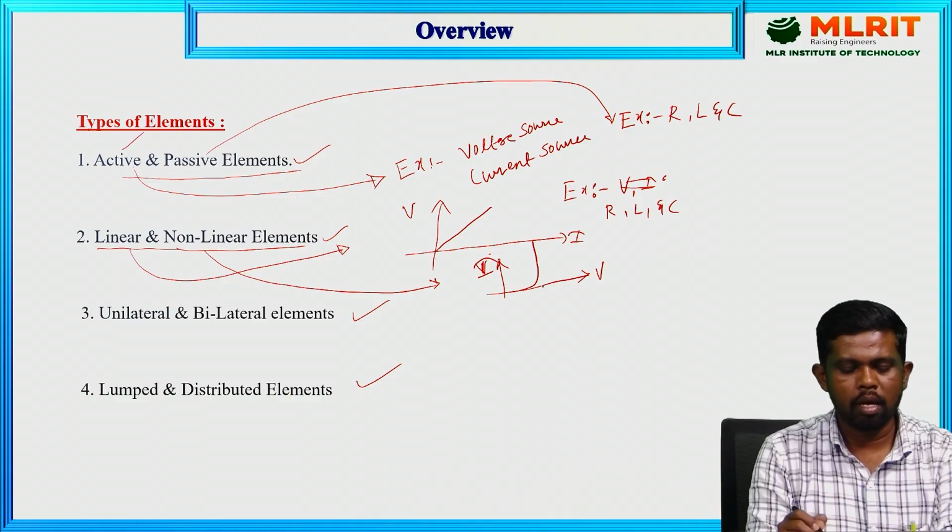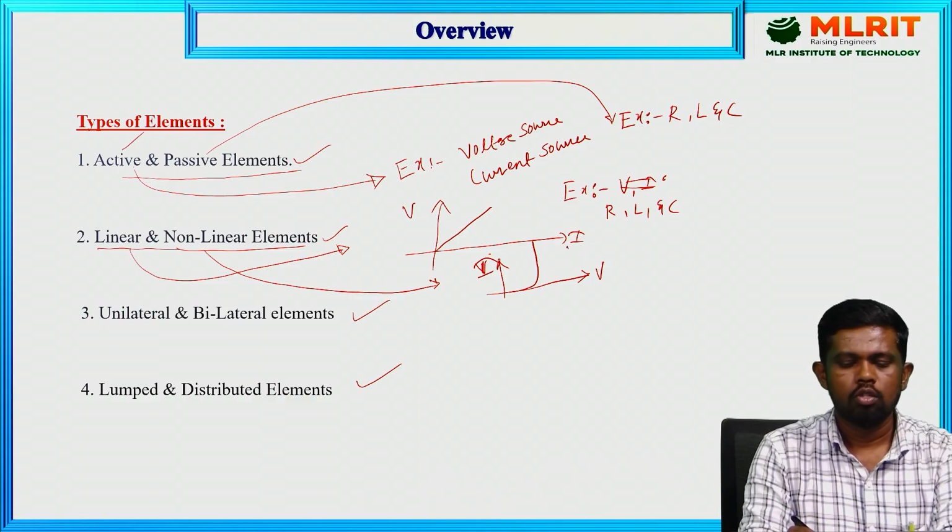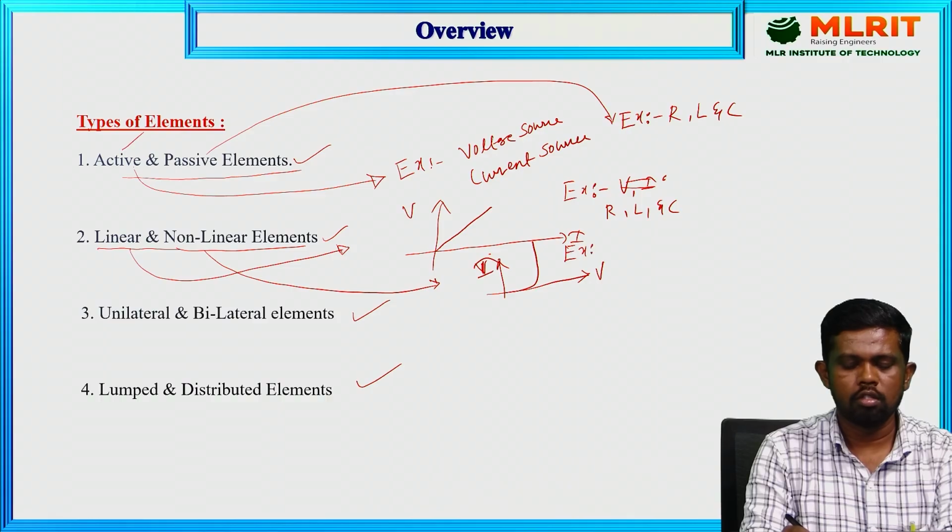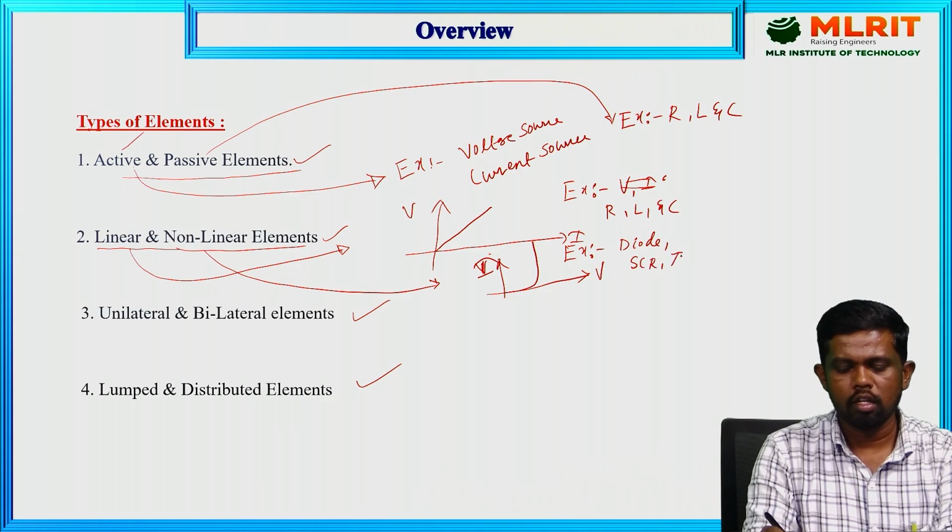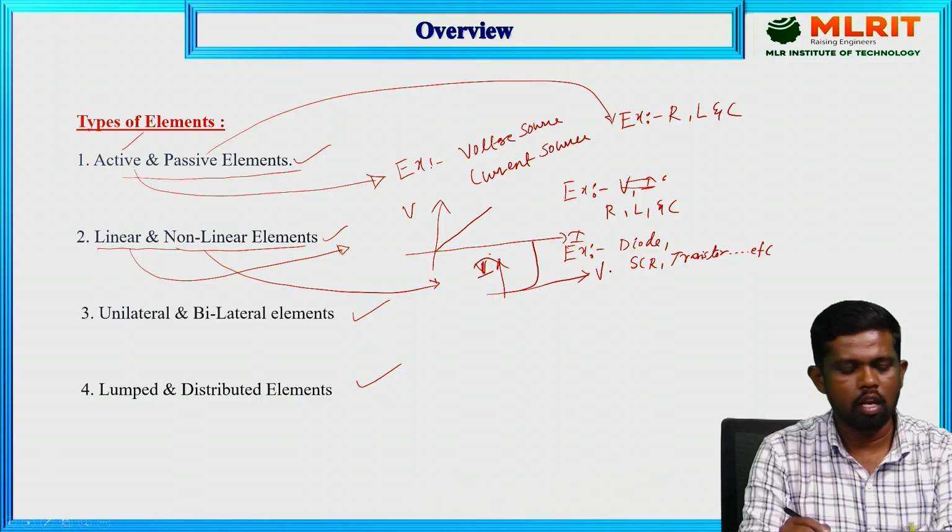It does not maintain a constant slope and does not obey Ohm's law. These kinds of elements are called non-linear elements. Examples of non-linear elements are the PN junction diode, the silicon controlled rectifier, the transistor, and also the BJT amplifier.